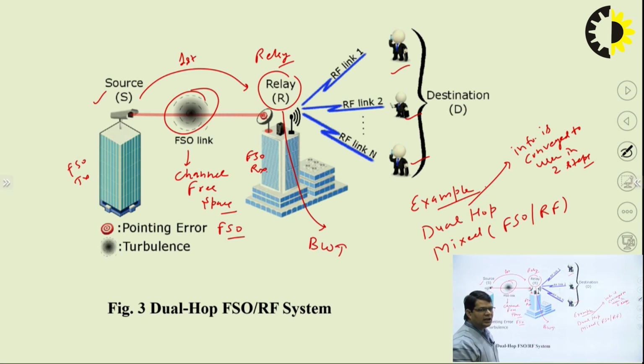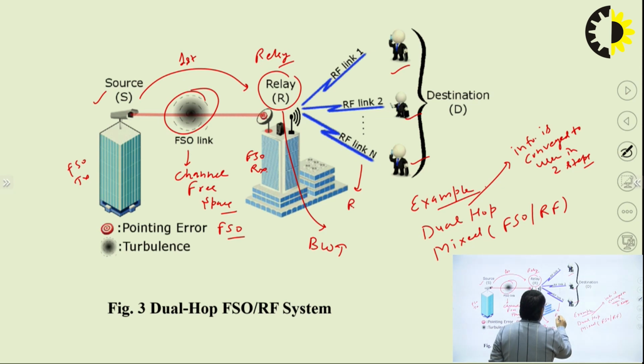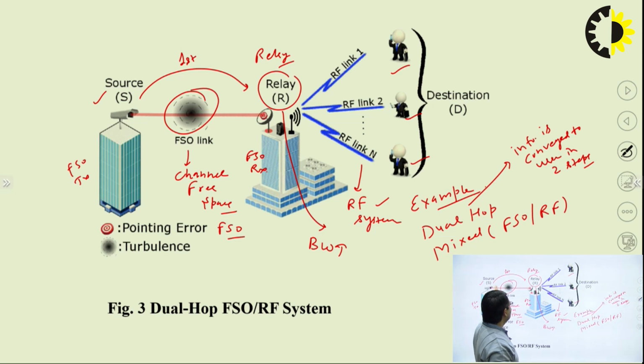Now this large bandwidth may be divided to many users in small parts, and for this part we are using an RF link or RF system. So this high bandwidth is further divided or the signal is provided to users using the RF signal. So in the first hop we are using FSO, and in the second hop we are using the RF or wireless communication system.